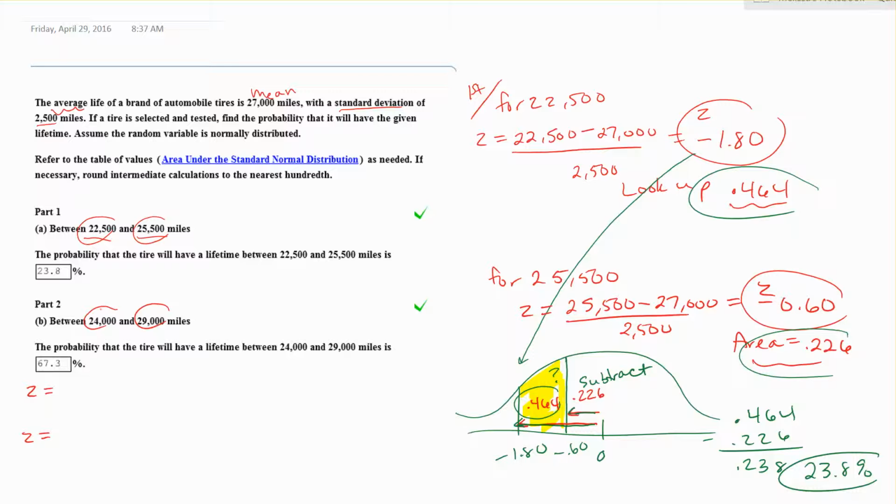This gives me z equals negative 1.20. Look up 1.20 in your table and you will find that the area is 0.385. Now for 29,000, 29,000 minus 27,000 equals, divided by 2,500 is negative 9.64.